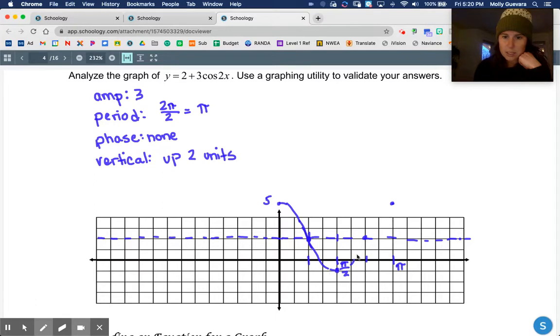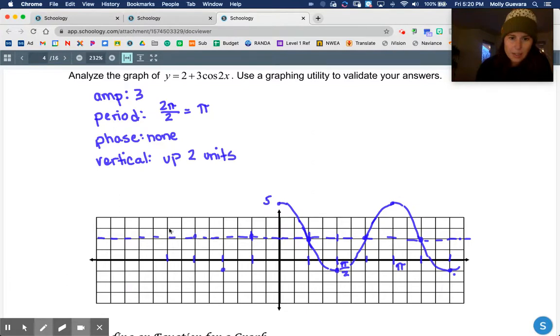So here is my cosine graph. Again, I can keep going, right? Then we'll go back to 0, and then back to negative 1, and continue on and continue on. Oops, I always do that. And so on and so forth.